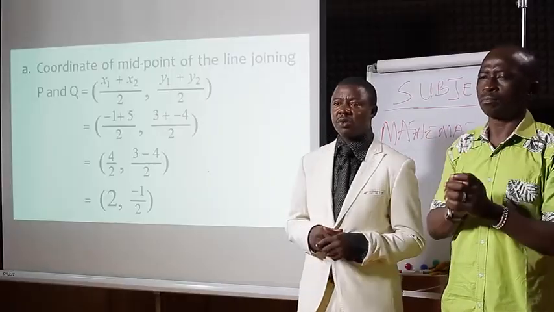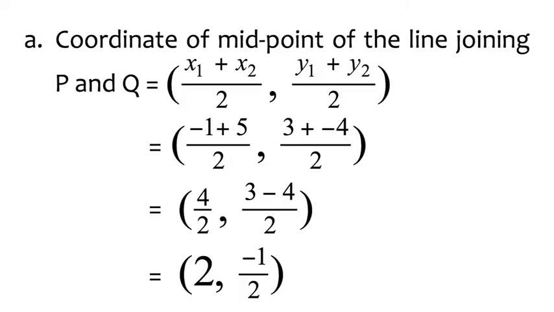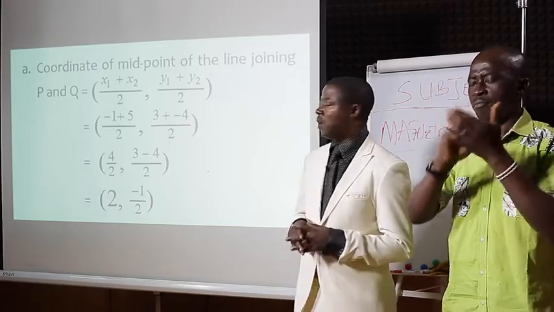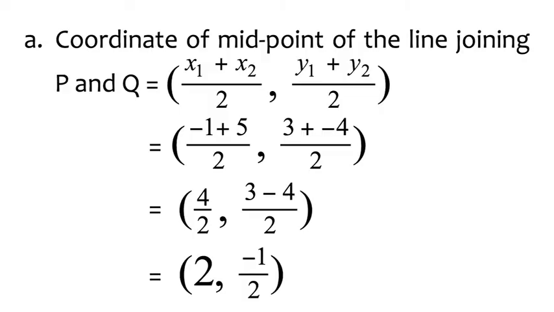Then when we substitute, we will have our x1 to be minus 1, so minus 1 plus x2, which is 5, divided by 2, and our y1 is 3 plus minus 4, because our y2 is minus 4, all divided by 2.